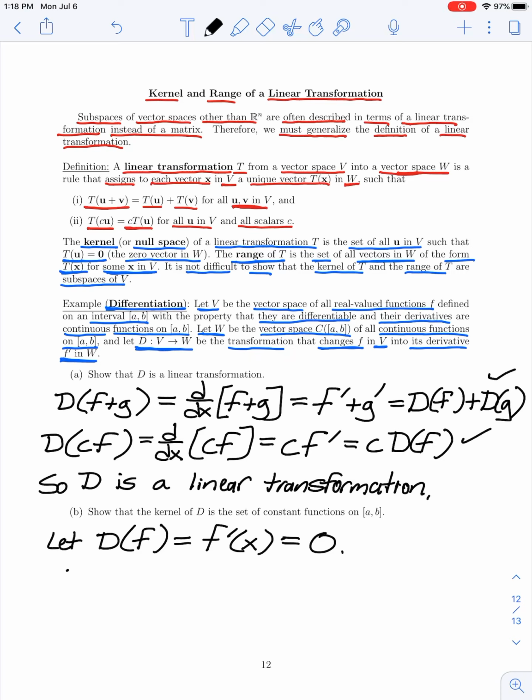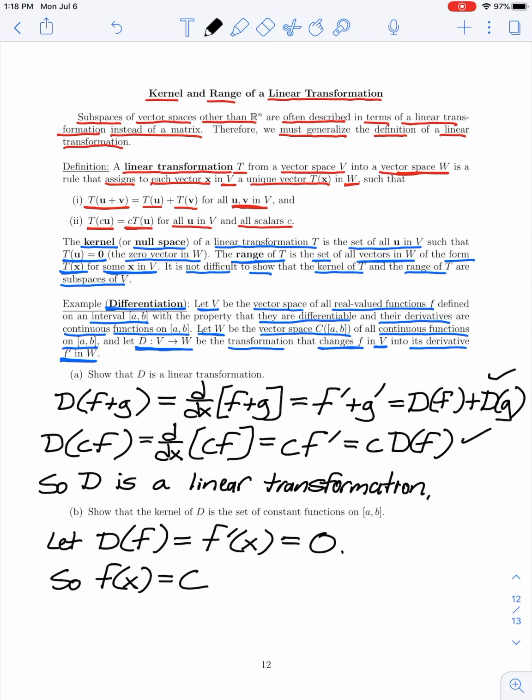So we know from our calculus sequence, if the derivative of a function is equal to 0, that means that the function f of x is equal to some fixed constant.